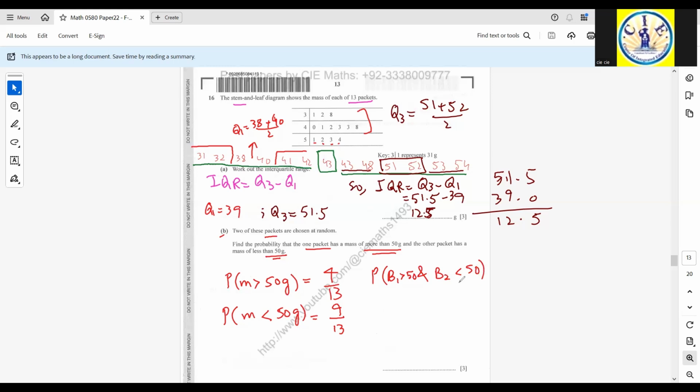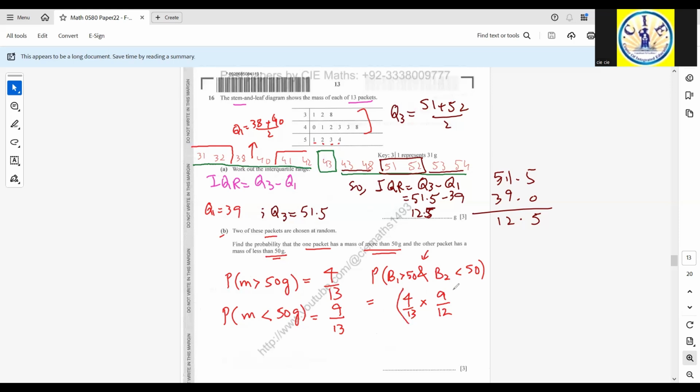Okay. So this is going to be 4 by 13, since this is for the multiplication, times 9 divided by, now, since one of the bags has already been chosen, we are left with a total of 12 bags. So this will give me 9 divided by 12.